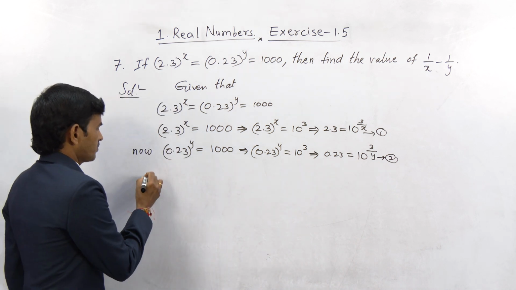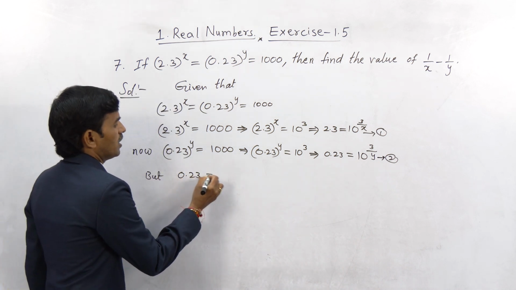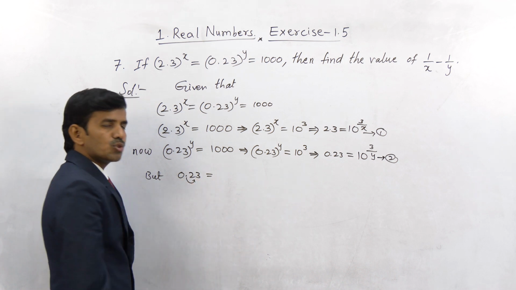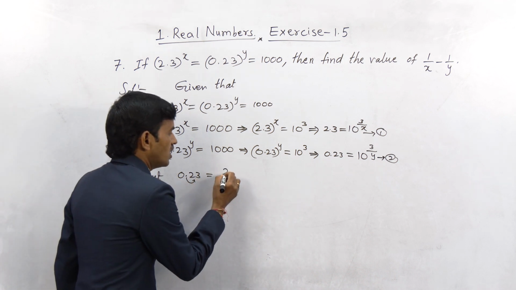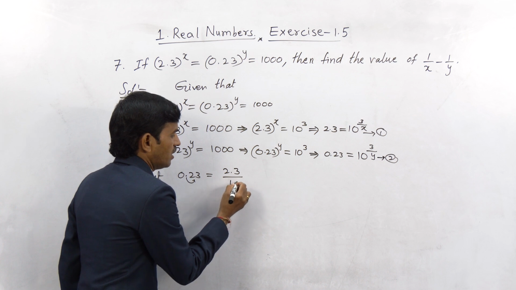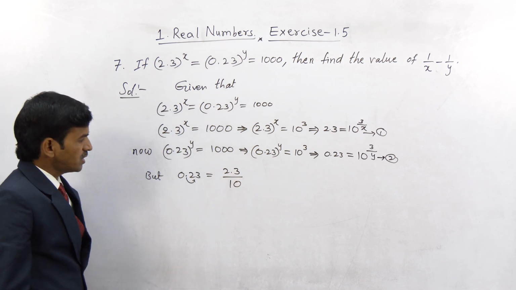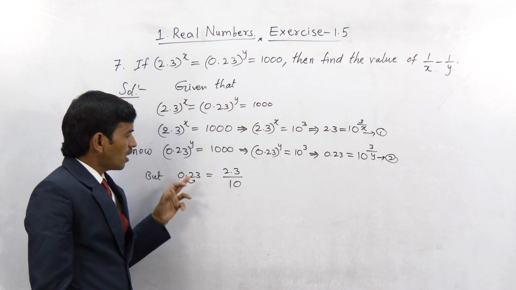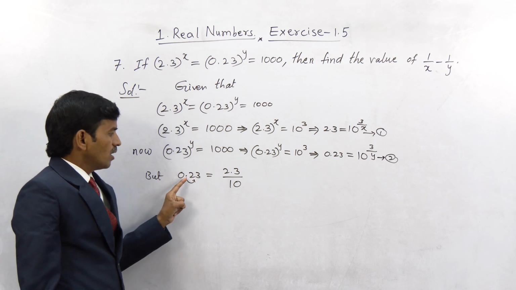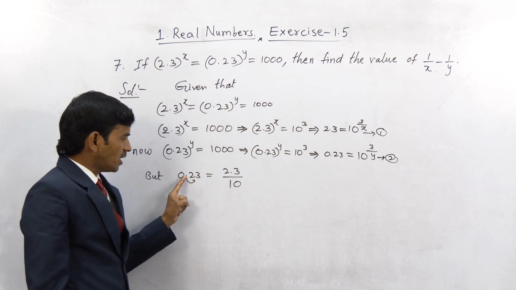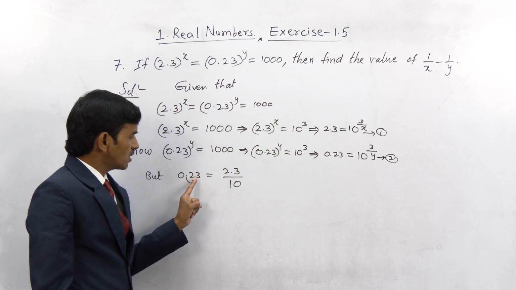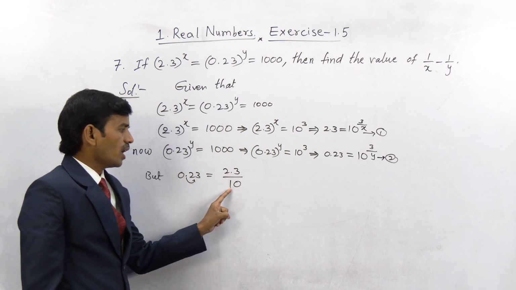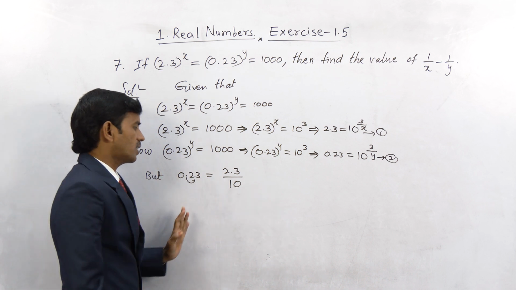But 0.23 can be written as, if the decimal point moves one step towards the right side, then it becomes 2.3 by 10, right? We can write it by multiplying and dividing by 10. When you multiply by 10, the decimal point moves towards the right side, then it becomes 2.3, and dividing by 10, it becomes 10.